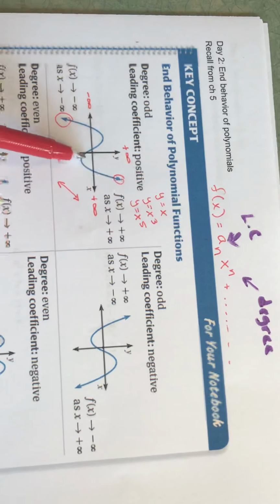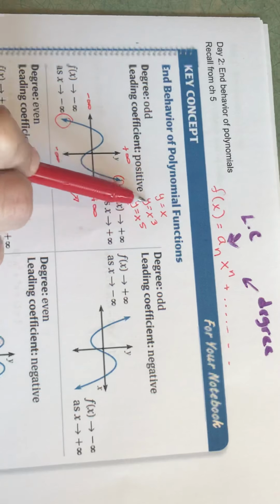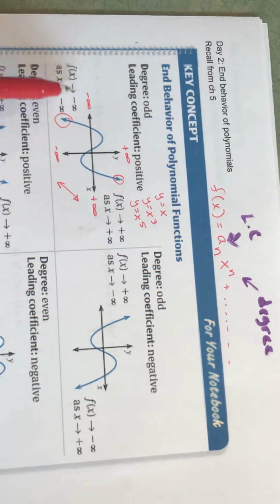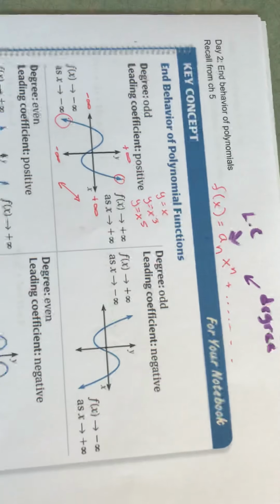So overall, this is going to the right and up. Whereas this one, as y goes down toward negative infinity, x goes left toward negative infinity. So it's going down and left.